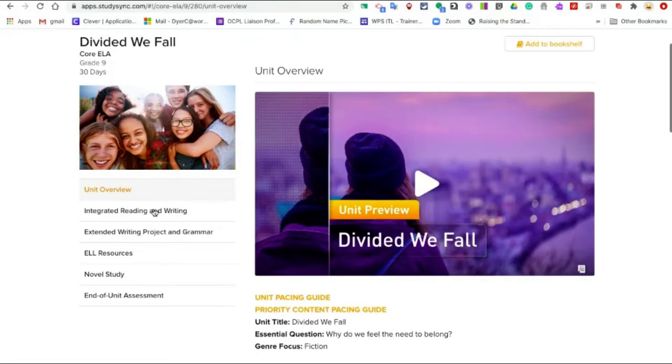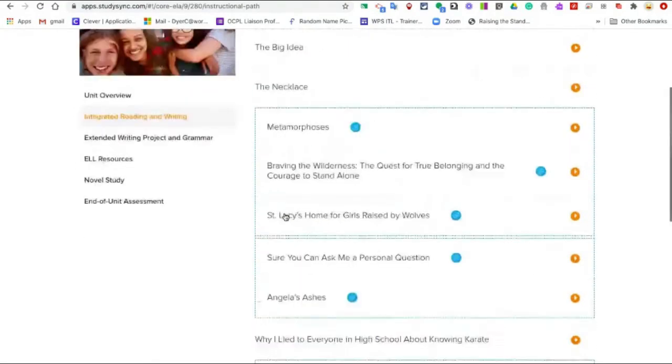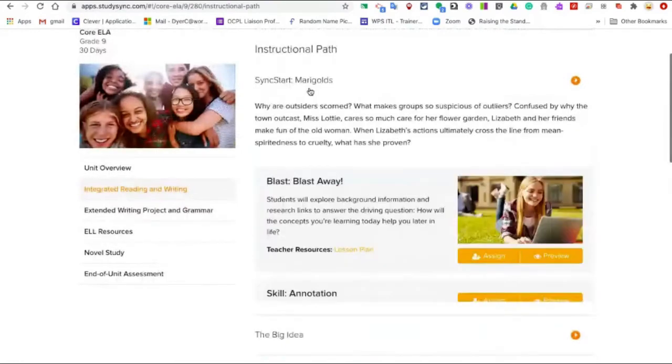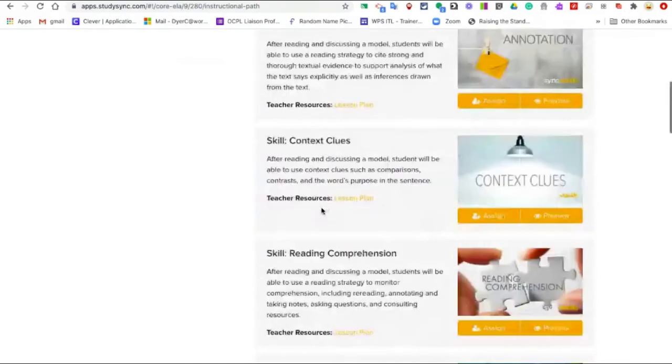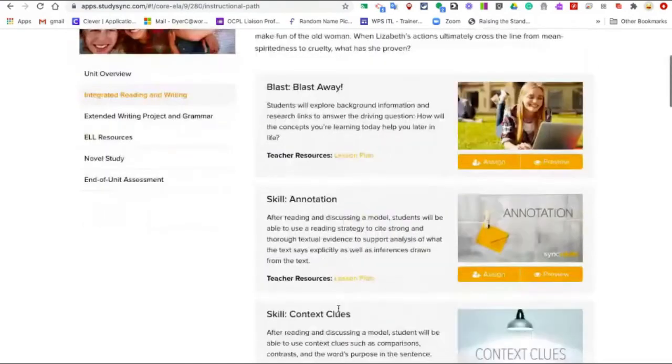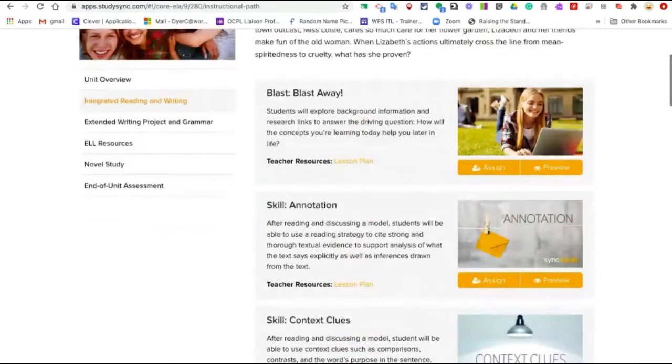So when we look at this, we see that there's multiple texts included. There can be videos included as well. So it's very engaging for the kids to interact with. Our main focus within this is reading multiple texts, annotating, and critical thinking.